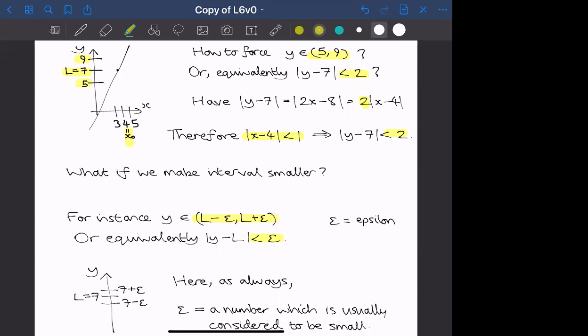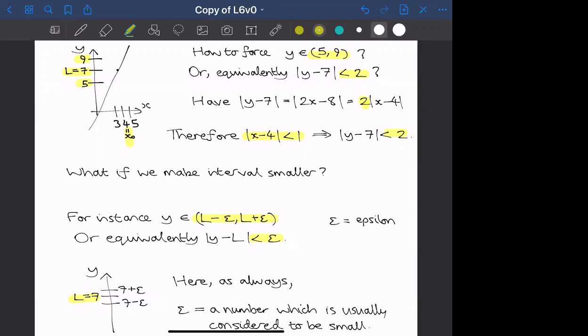And now the picture becomes L equals 7 and an interval with 7 at its center. And here, and this is the convention, epsilon is a number which we usually consider to be small.